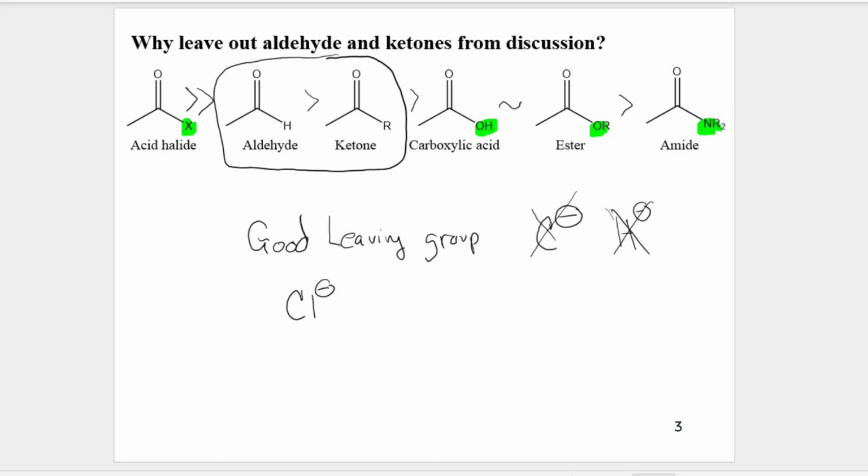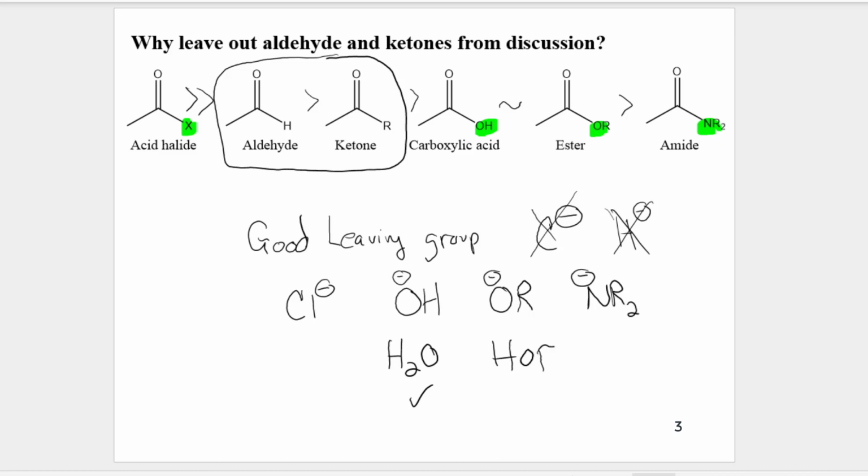And what I'm going to introduce is that under the right conditions, we can get an O minus or an NR2 minus, or better yet, water. We saw water as a good leaving group, or a neutral alcohol, right? Or a neutral amine. And we definitely saw chlorine and things like bromine as good leaving groups.